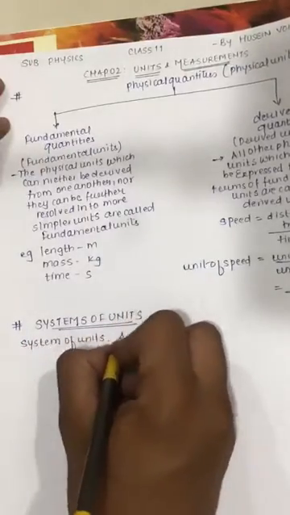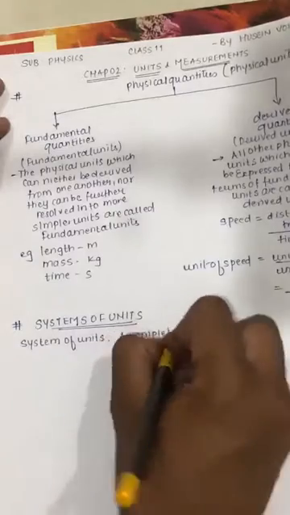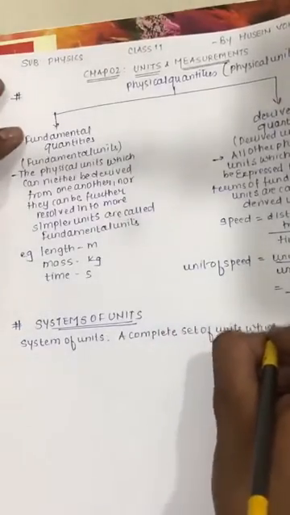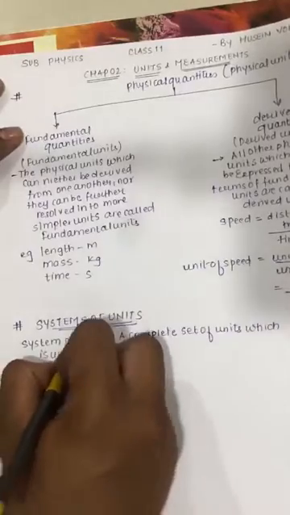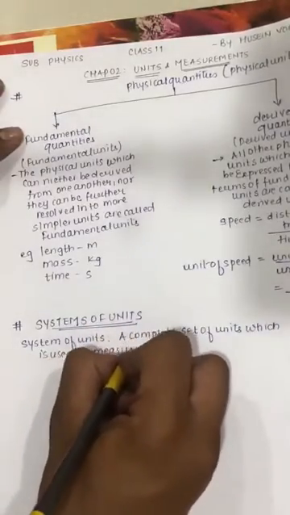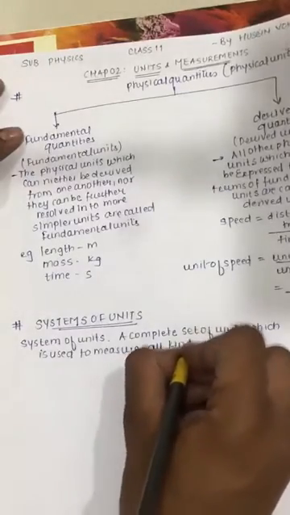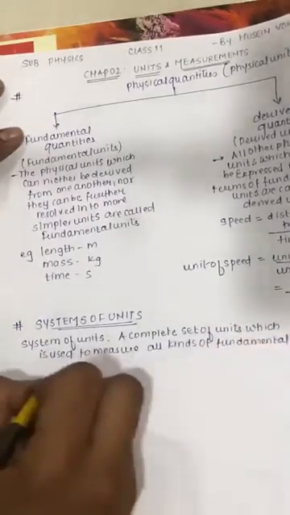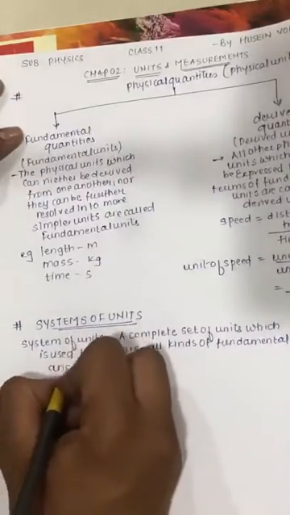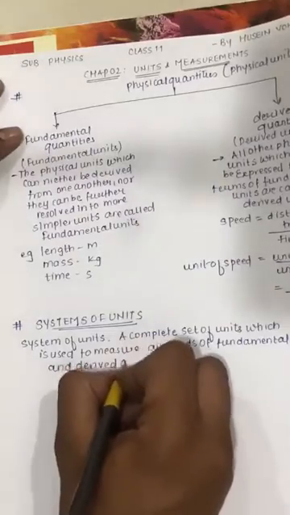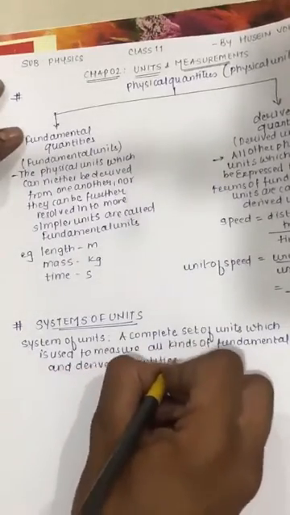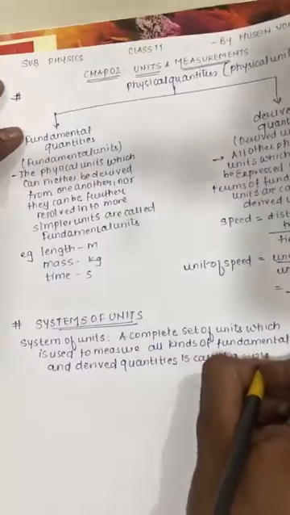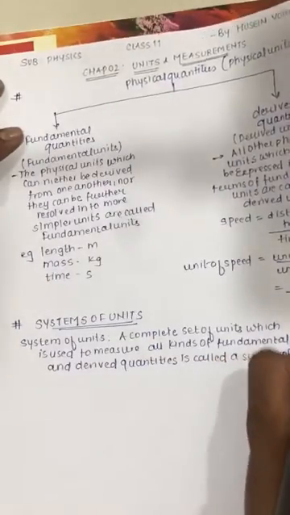A system of units means a complete set of units which is used to measure all kinds of fundamental quantities and derived quantities, and it is called a system of units.